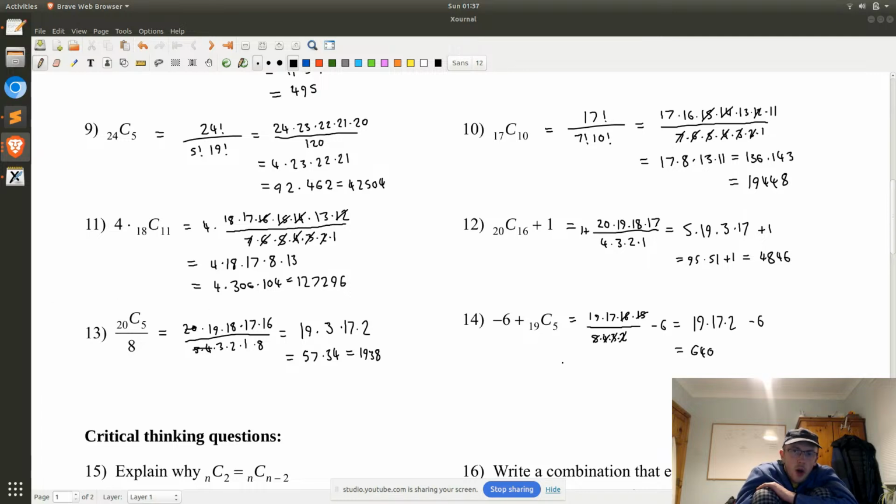Oh no! Look! There's a missing factor of 18. That has to be multiplied by 18. And so does that.